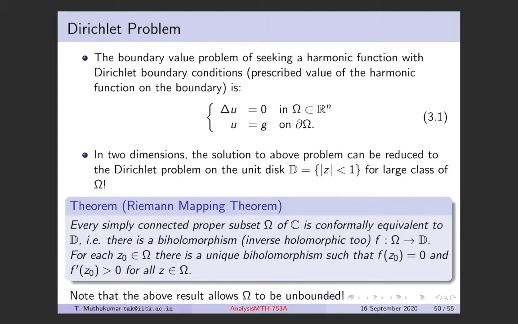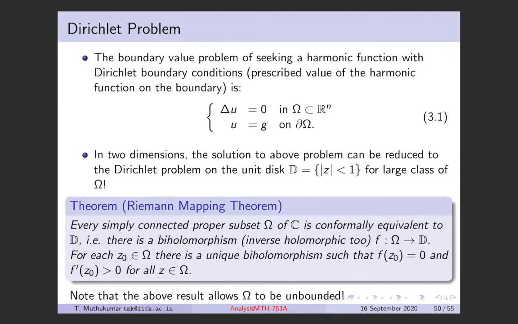There could be an infinite number of biholomorphisms from omega to D. That doesn't matter, but you can make it unique. They depend on two parameters, and once you fix these parameters, the biholomorphism can be fixed uniquely.